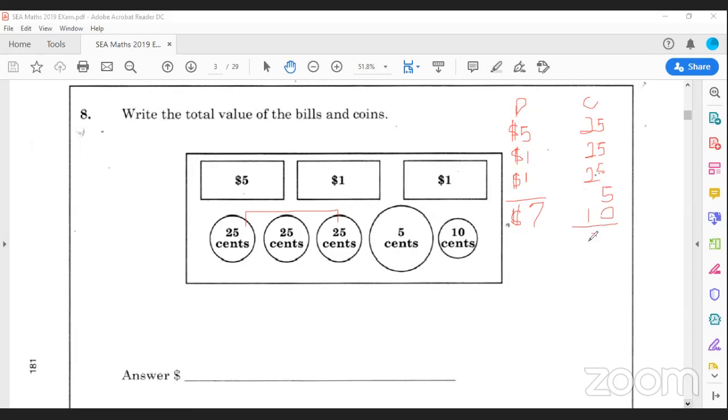And when we add this, we're going to get a total of 90. So the answer for this question is $7.90. Let me write it like this: $7.90. Okay, I hope you're understanding. Let's go on to the next question.